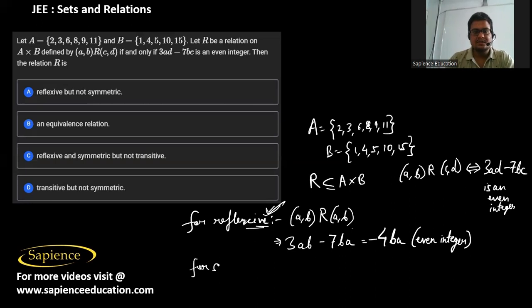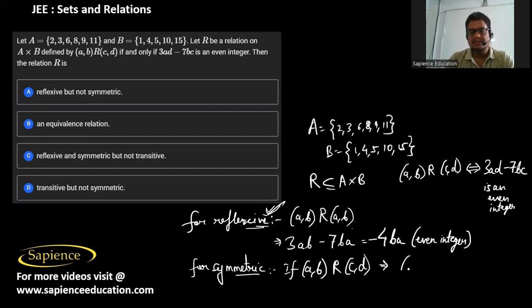And for a symmetric relation, we should have that if (a, b) is related to (c, d), then this implies that (c, d) also should be related to (a, b).